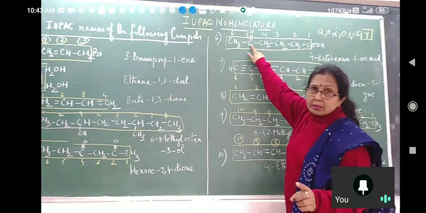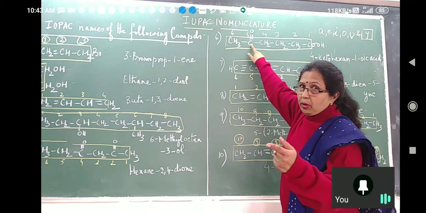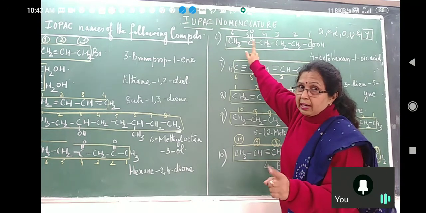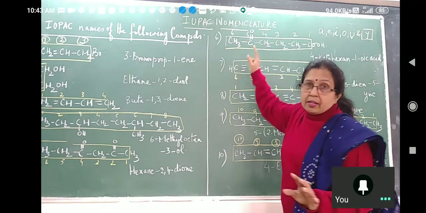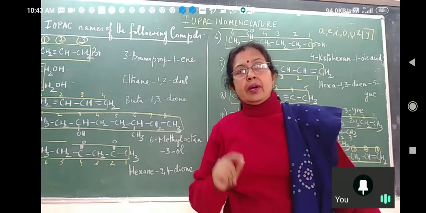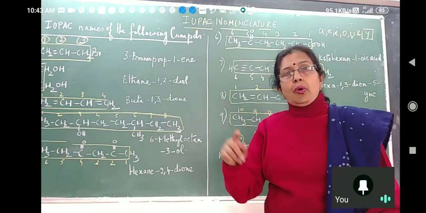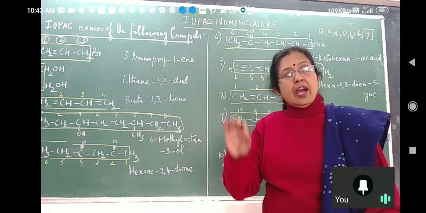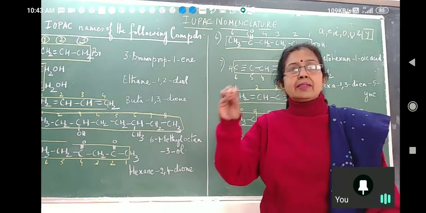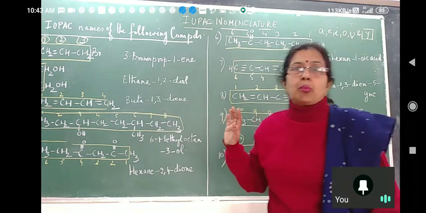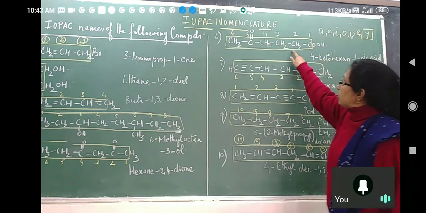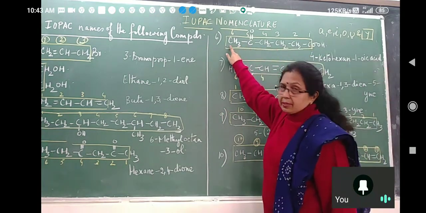What is this? C double bond O and carbon on both the sides. This is ketone. You remember the priority order I had told you last time. Carboxylic acid is the strongest functional group. So if you have carboxylic acid, close your eyes and give that carbon atom number 1. So this will be 1, 2, 3, 4, 5, 6.